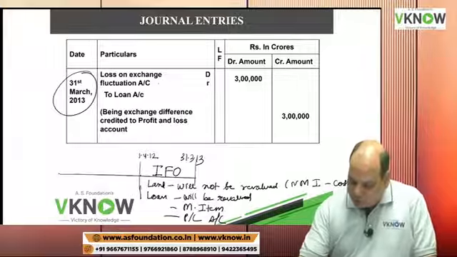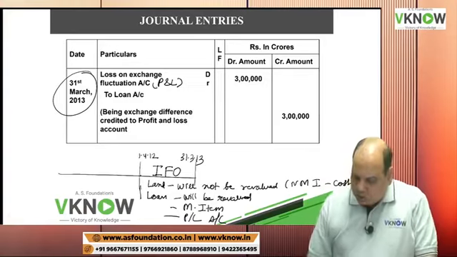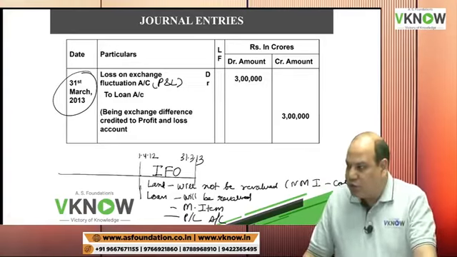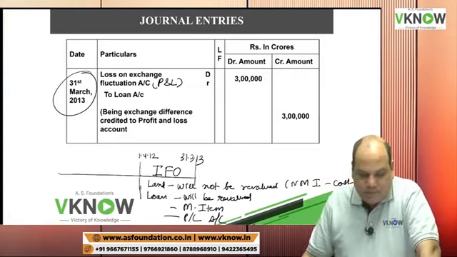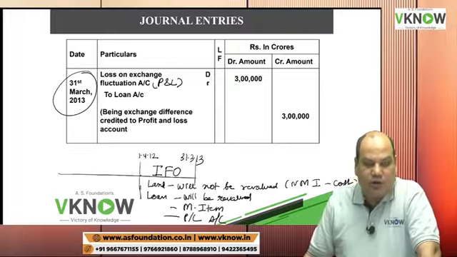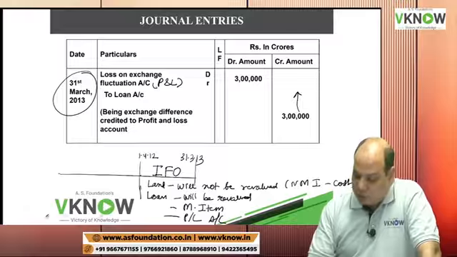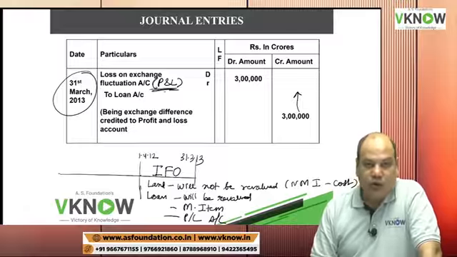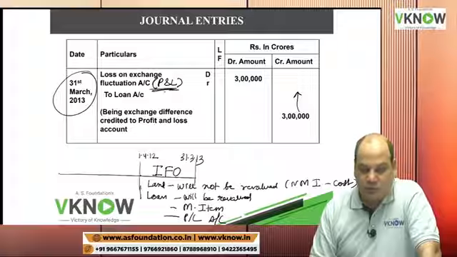So now you will write loss on exchange fluctuation account debit 3 lakh to loan account 3 lakh. This time write down in bracket here P&L account. Logic: it has become integral operation.